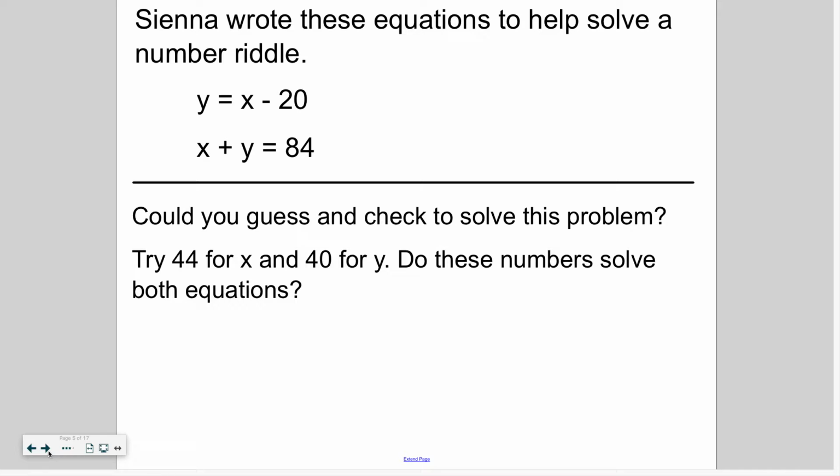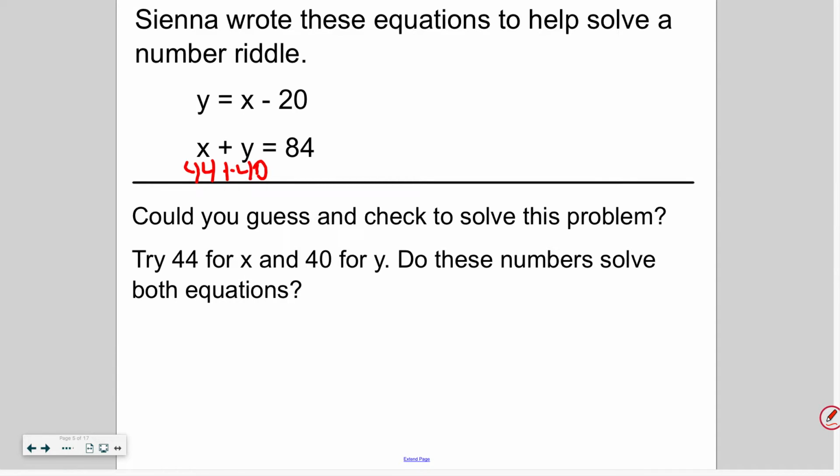Let's try it. So this says try 44 for x and 40 for y. How would I try that? Start with the first equation. Is that going to work for either one? For one of them, which one? The second. Why does it work for the second one? Because if I substituted the values in, 44 for x and 40 for y does equal 84. So that one would be good. Does it work for the first one?